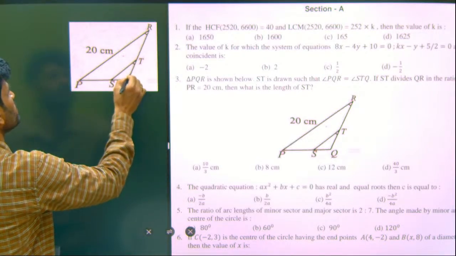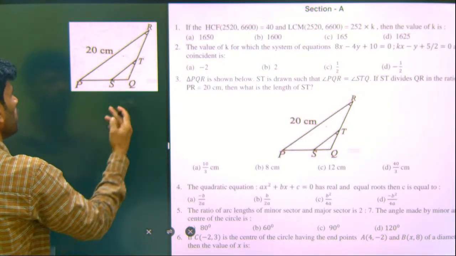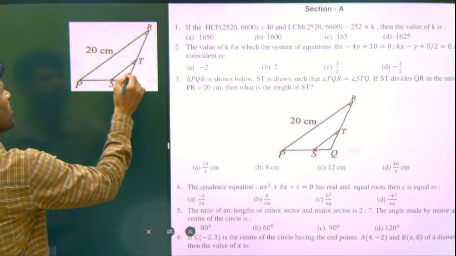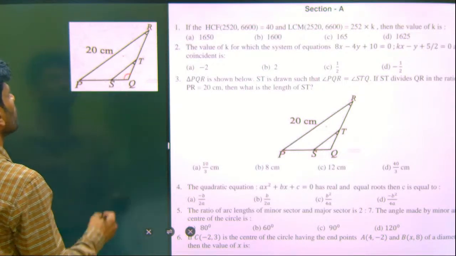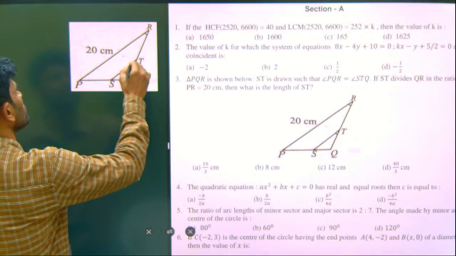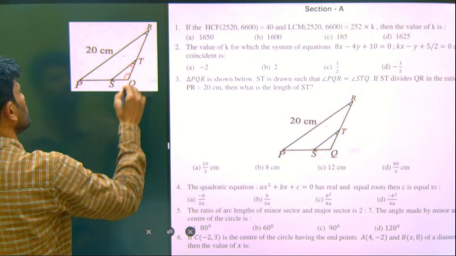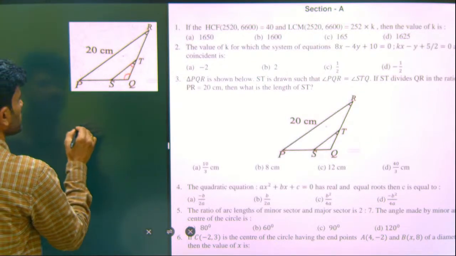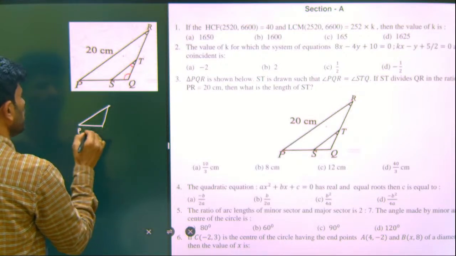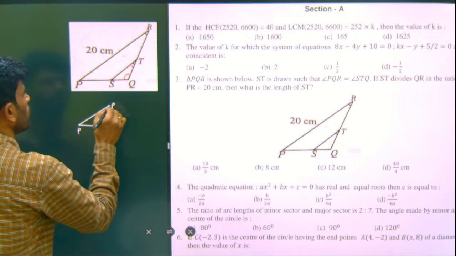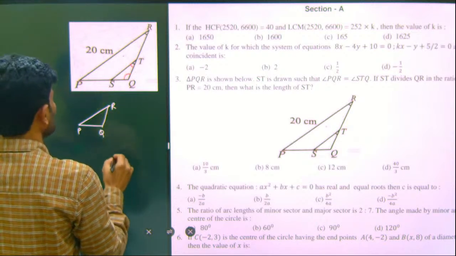This is PQR. Angle PQR is equal to angle STQ. Where is STQ? This is STQ. So we have two triangles in that. One is PQR, and one more is STQ.